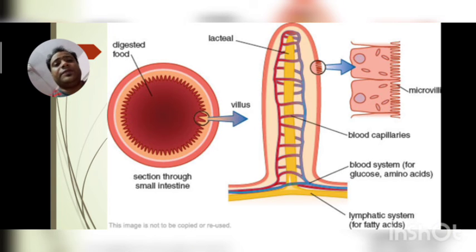See here, we have digested food. The digested food is inside our small intestine. See, this is a villus, and this is one villus, the magnified structure. And see here, various microvilli are present.